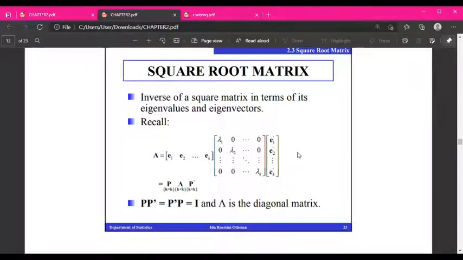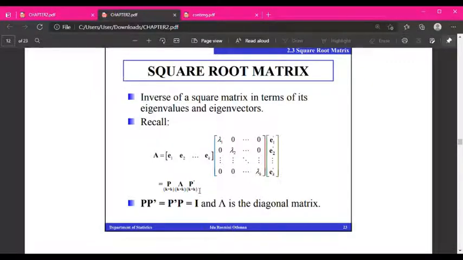Then multiplied by the transpose of the normalized eigenvector matrix. Okay, so the notation will be P multiplied by the big lambda matrix multiplied by P transpose. Matrix P is the matrix of normalized eigenvectors, and P transpose is the transpose of the normalized eigenvector matrix.